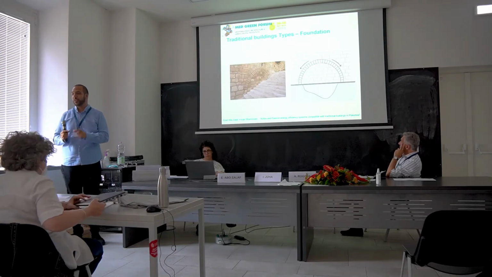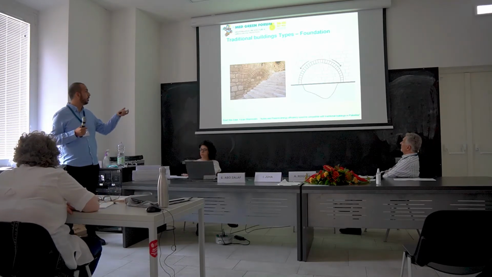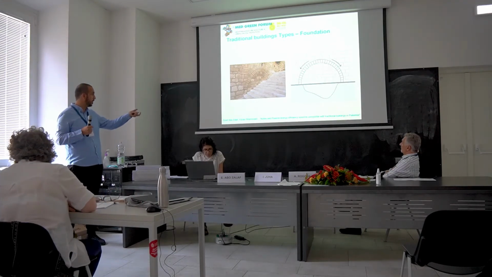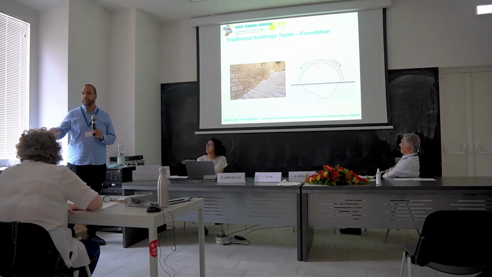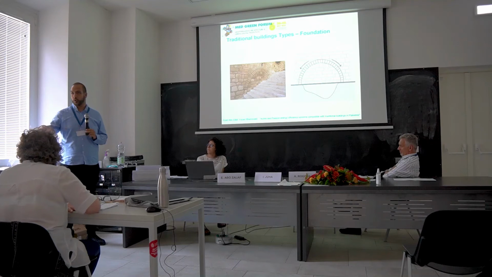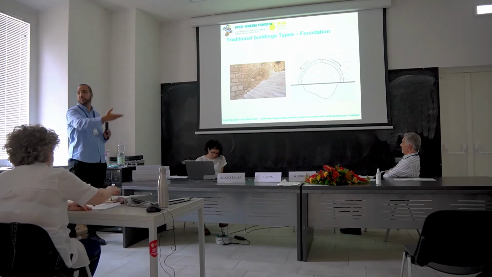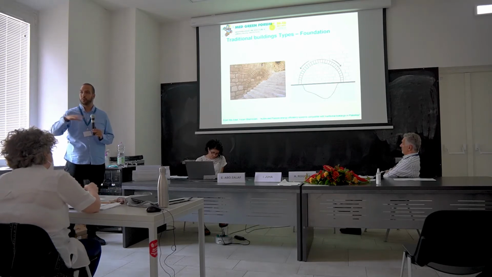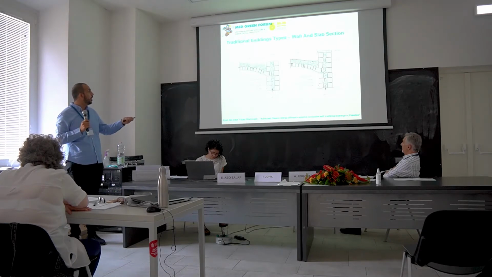I'll explain quickly how they used to build these heritage buildings. This is a type of foundation. Usually they dug until they reached stone in the ground, and if they found a hole or no stone, they put an arch to transfer the force to the stone around it.